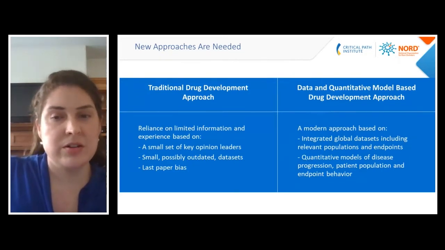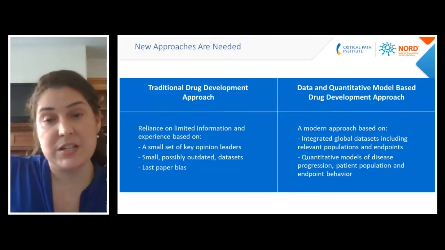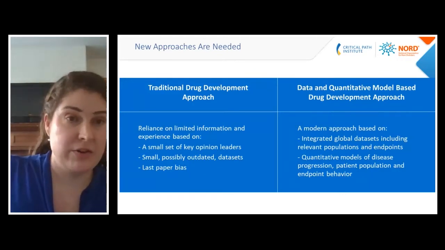These use integrated global data sets, including relevant populations and endpoints, and these allow the development of quantitative models of disease progression and engage the patient population and endpoint behavior in an integrated fashion.